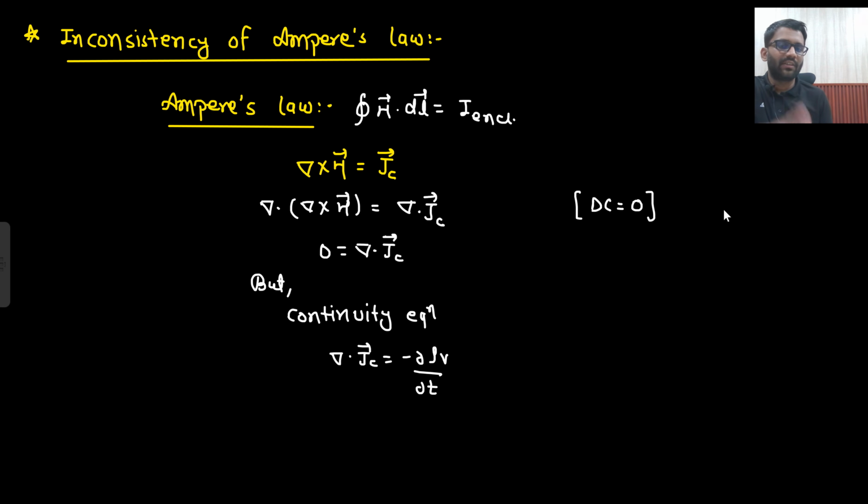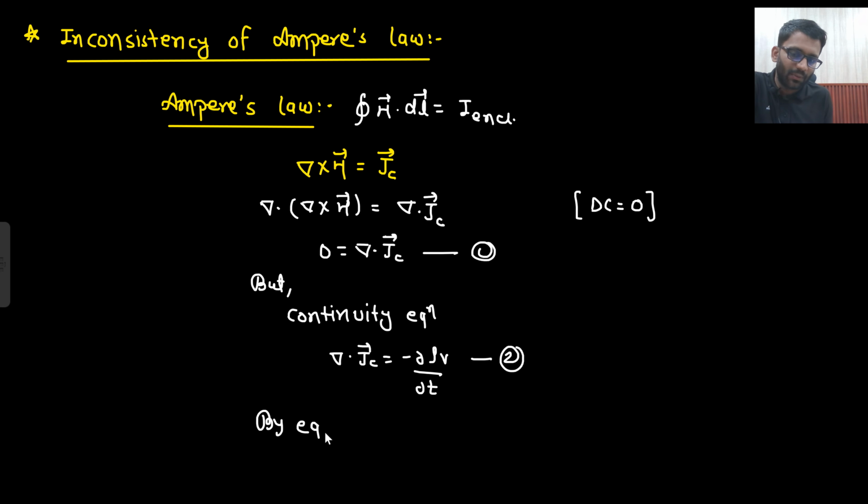So I took the divergence on both sides. Divergence of curl should be 0, so del dot JC should come out to be 0. But the continuity equation says del dot J should be equal to minus dou rho V by dou T. Here it is saying 0, there it is saying minus dou rho V by dou T. So certainly there is some inconsistency in Ampere's law.